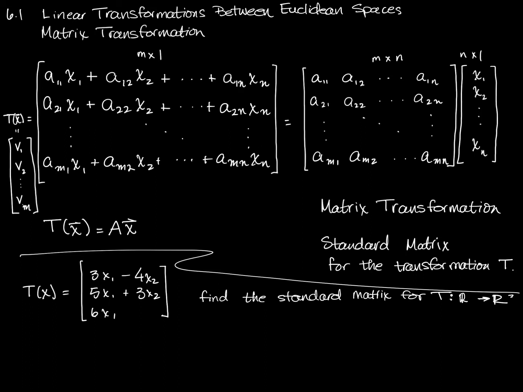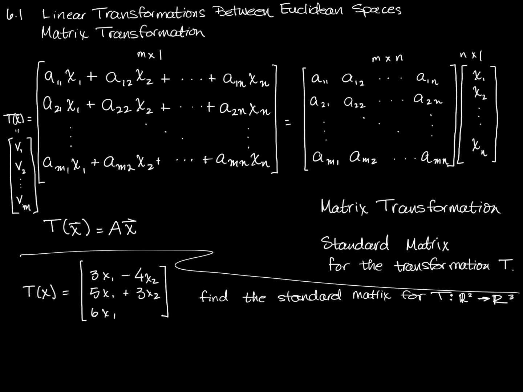So that's going on to R3. But I've only been given two variables to work with, x1 and x2, so I'm probably coming from R2. And in many cases, you'll actually be told that the transformation goes from R2 to R3.